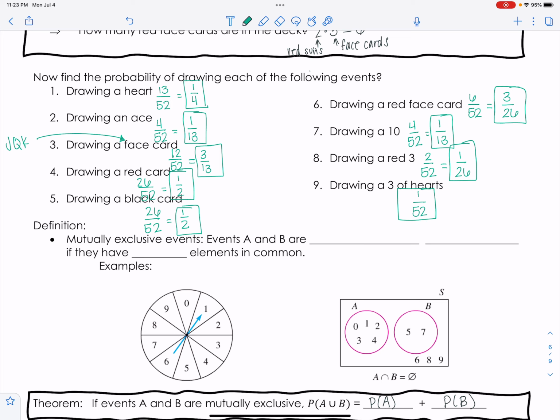So now we've got another definition: mutually exclusive events. Events A and B are mutually exclusive if they have no elements in common. Some examples of that are going to be these two spinners.